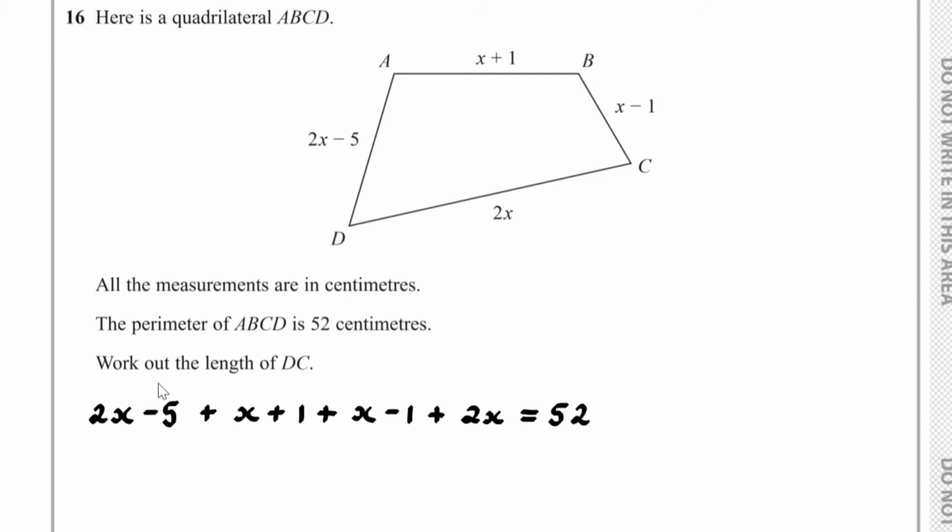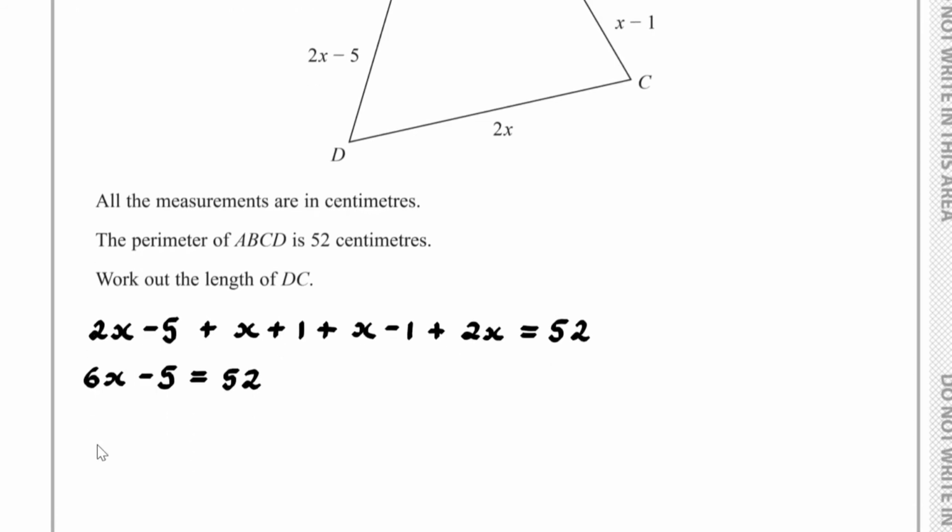So now for us to find out what x is, we need to simplify. 2x plus x is 4x, plus another x is 4x plus the 2x, that's 6x, minus 5 is what we have for the numbers, because the plus 1 and the minus 1 simplify to 0. And then we end up with 52.